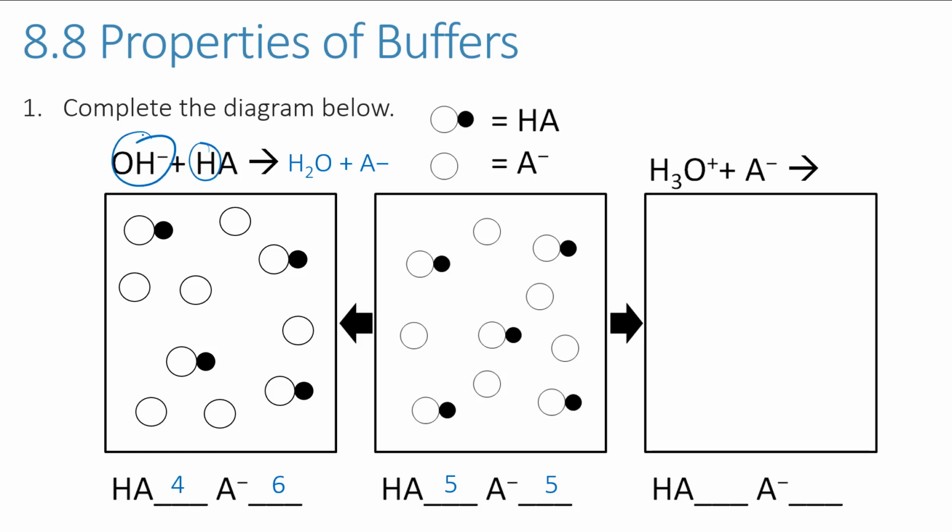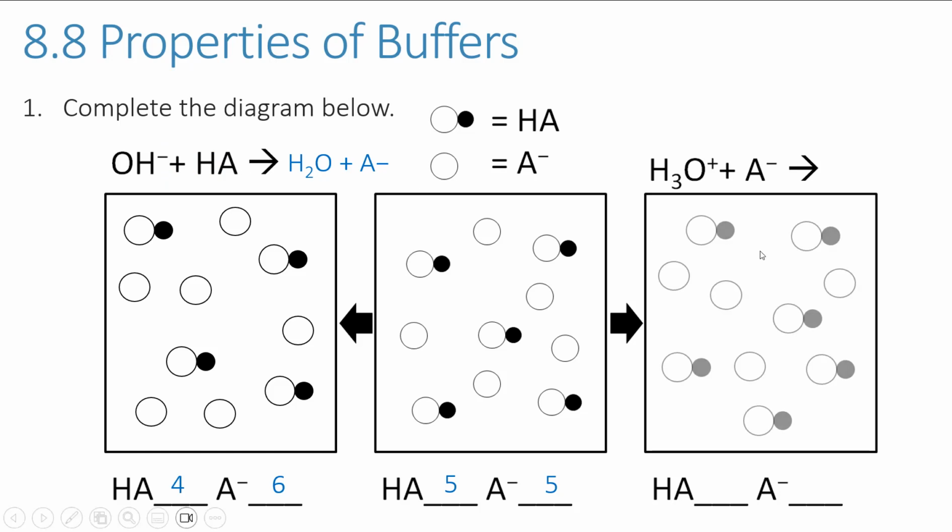So these guys combine to give us water, and then we'll have A minus floating around. If we go in the opposite direction, if I were to add acid to my buffer here, then I would end up with one less A minus because that base would have accepted an H plus from H3O plus. So I would have one more HA and one less A minus.